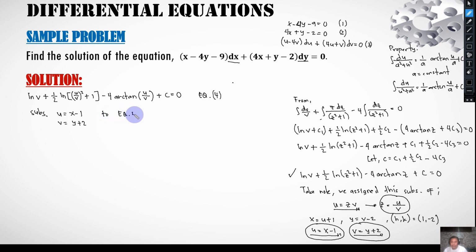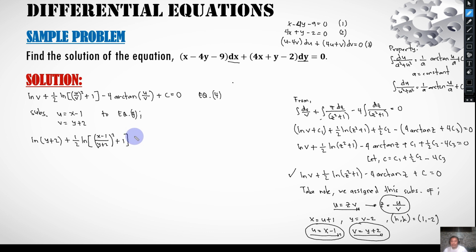Into equation number 4. So this becomes ln of y plus 2, and then 1/2 of ln, with the inside being u, which is x minus 1, over v, which is y plus 2, raised to the second power, plus 1.